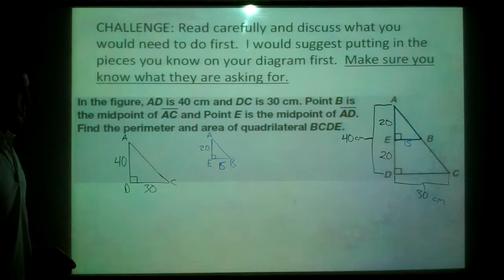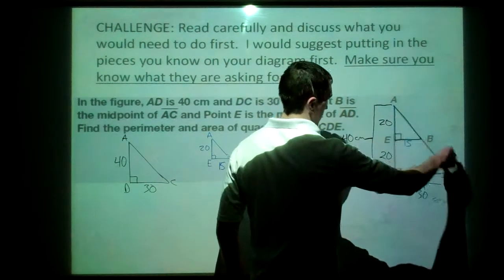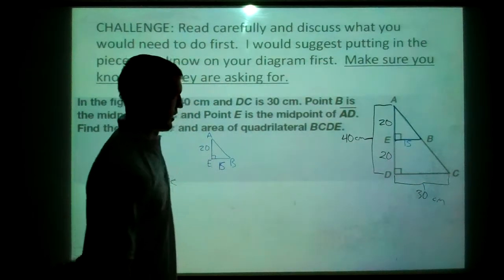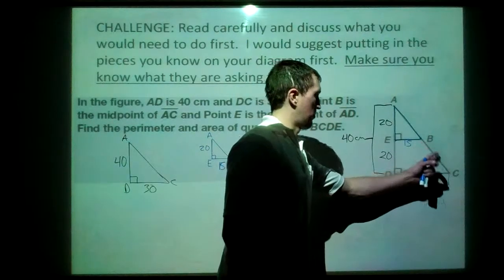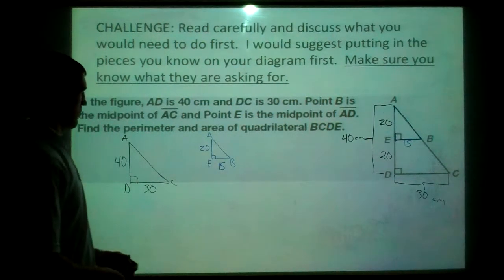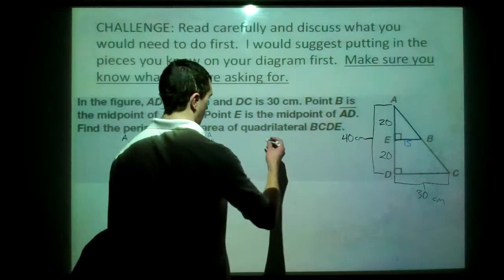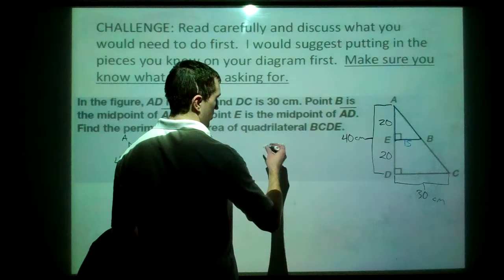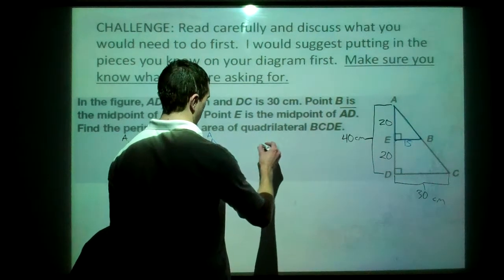Okay, now we were also told that this was the midpoint of A to C. So if we find AB, we should be able to get BC because they're going to be the same. Okay, so once again, we have two sides here. We've got these. We're going to use our Pythagorean theorem.